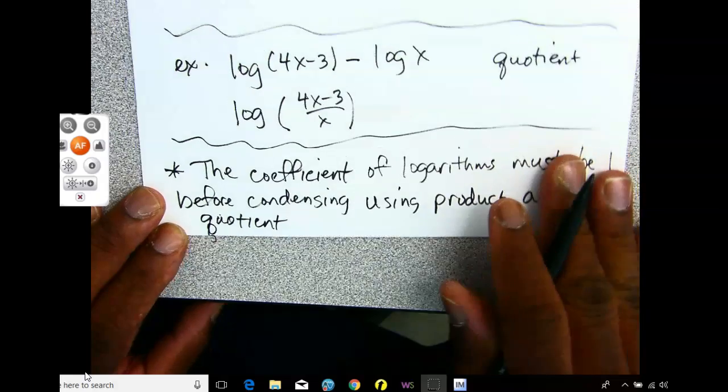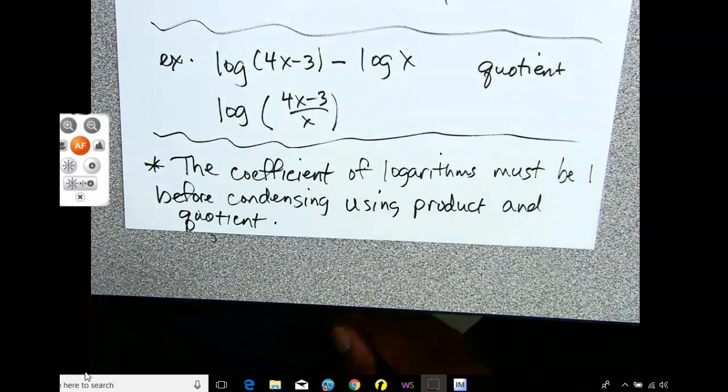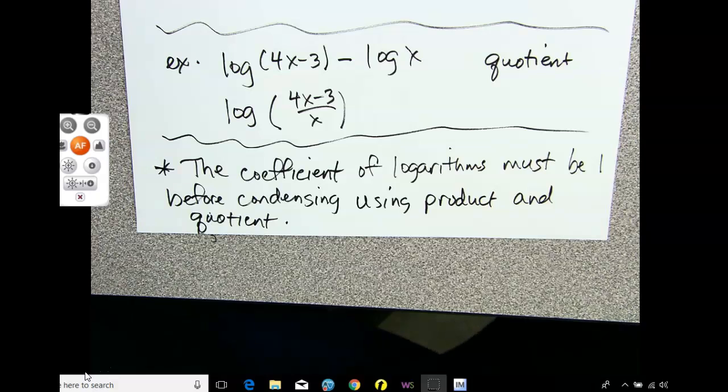So we have to make sure that the coefficient of your log, so whatever number is in front of your log, needs to be 1. So before we start condensing, all of our logs have to have a coefficient of 1.